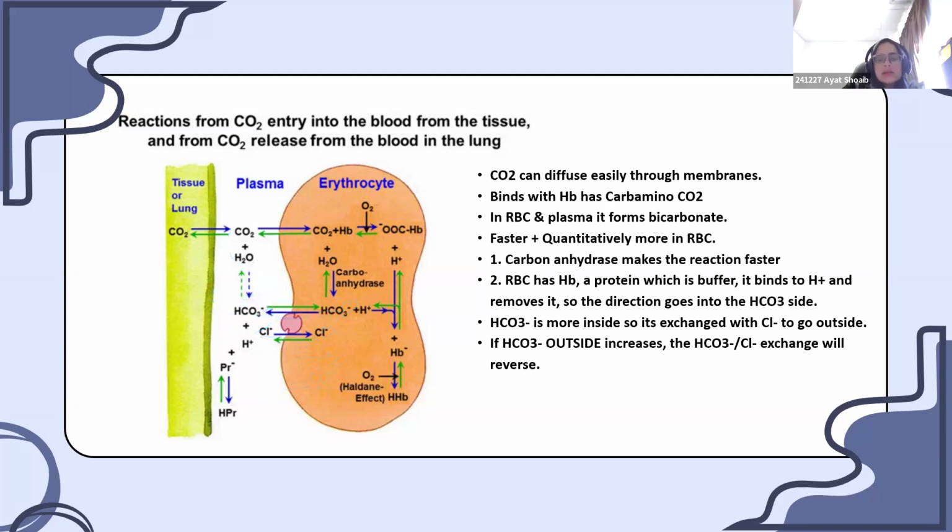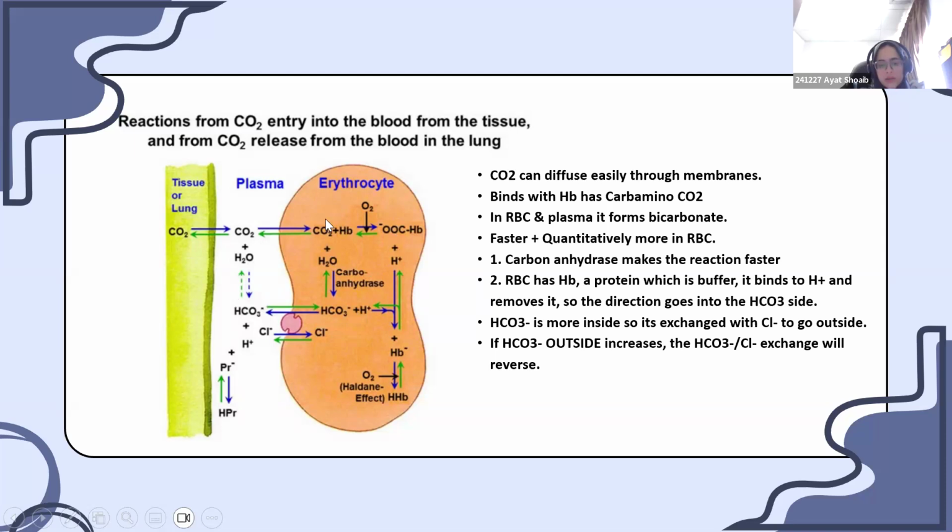in this slide basically. CO2 can diffuse easily through membranes, binds with hemoglobin, has carbamate, carbamine of CO2 or carbamate. So in the RBC and plasma, it's found in bicarbonate. In the erythrocyte, it's faster and quantitatively more. Why? Because of the carbonic anhydrase and because Hb is a buffer, it binds with H plus and gets rid of it.